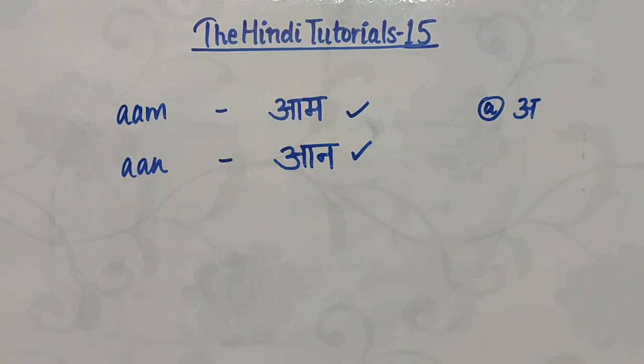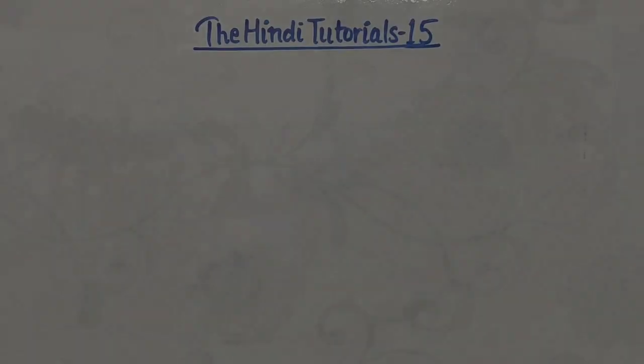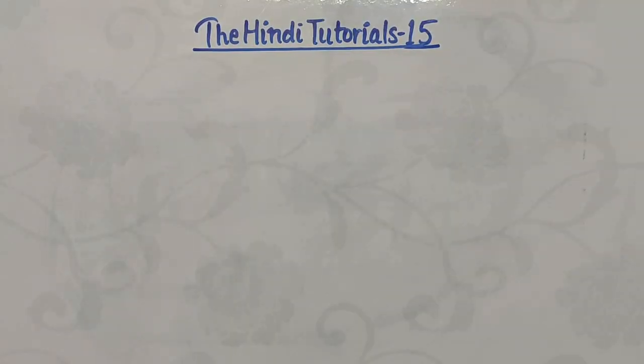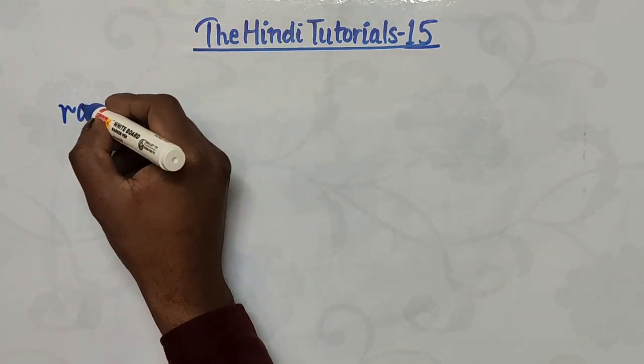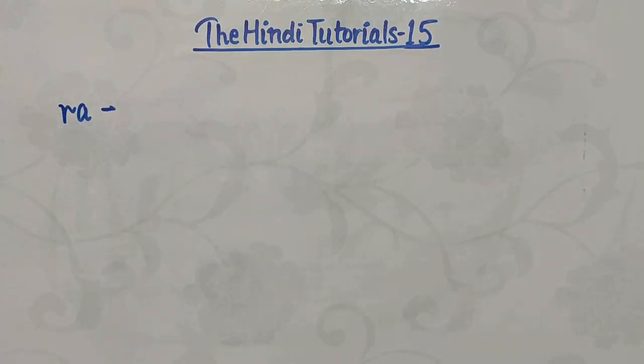Today we will learn one more vowel and two more consonants. The third consonant that you are going to learn in Hindi is r. You have to roll your tongue a bit.